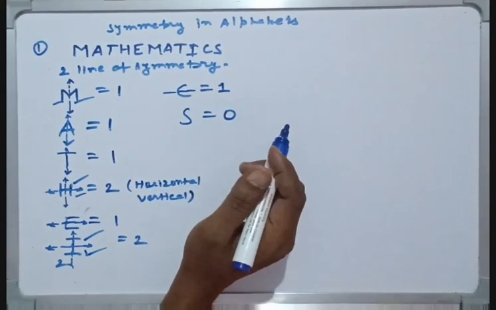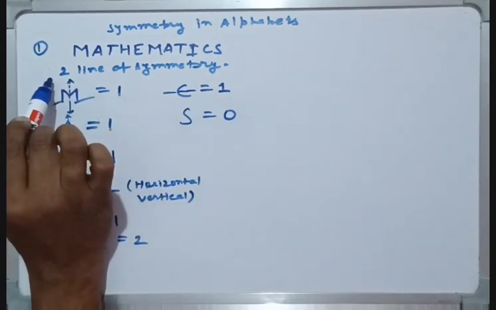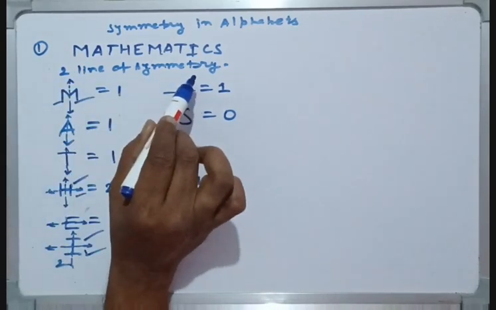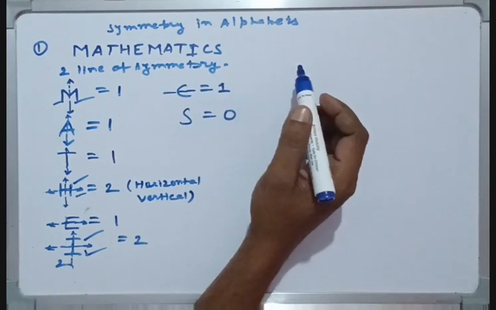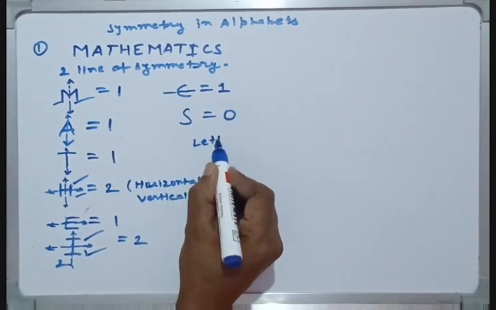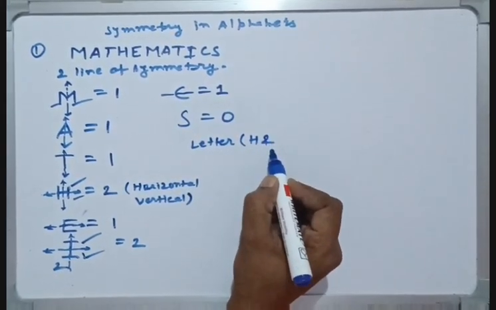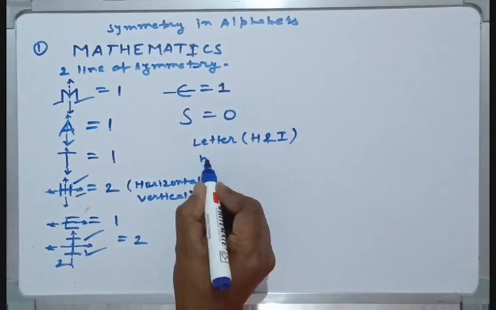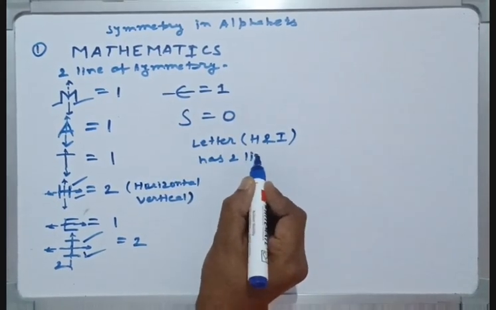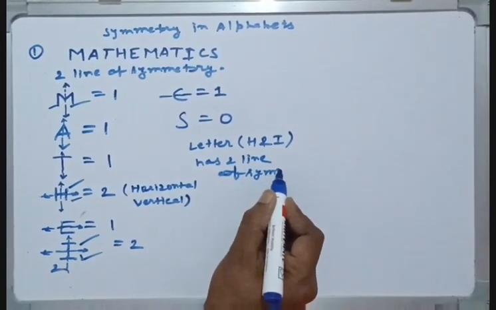Okay guys, so our question here is about two lines of symmetry. So letters H and I have two lines of symmetry.